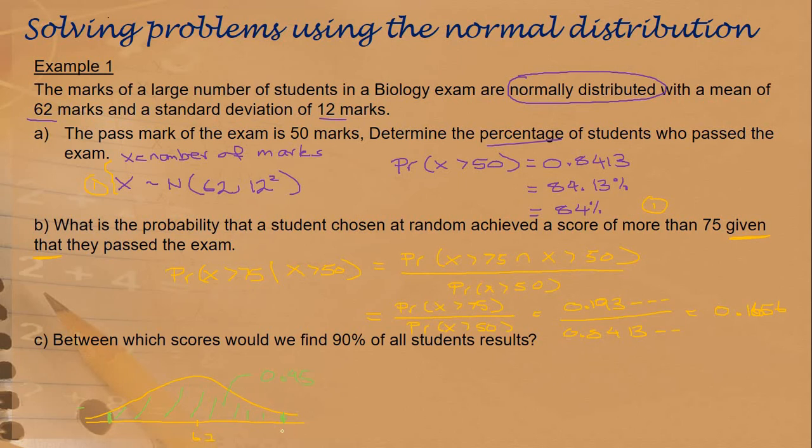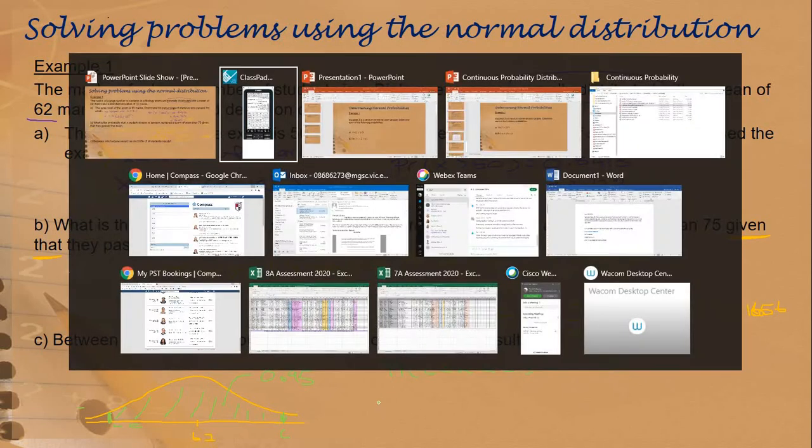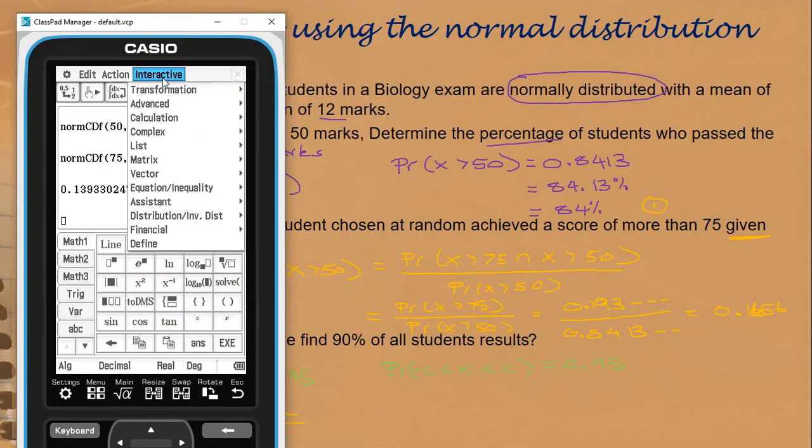If I was to call this value C, that means this one here is negative C. So what we're doing is finding the probability that x is between negative C and C to give a probability of 0.95. Because we've been given the probability, that means we're using inverse normal.